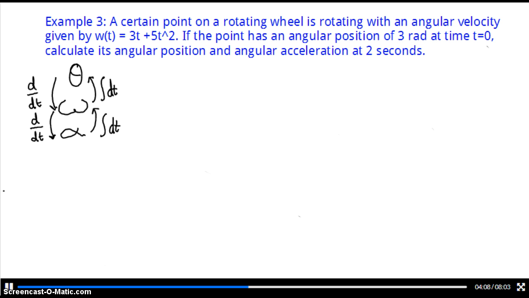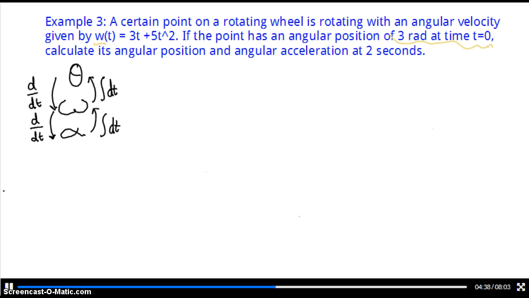And this is actually an omega, not a W, but sadly the program here does not have an omega, so we're stuck with W, the thing that looks closest to an omega, that says the velocity is equal to 3t plus 5t squared. I said if the point has an angular position of 3 radians at time equals 0 seconds, calculate its angular position and angular acceleration at 2 seconds.